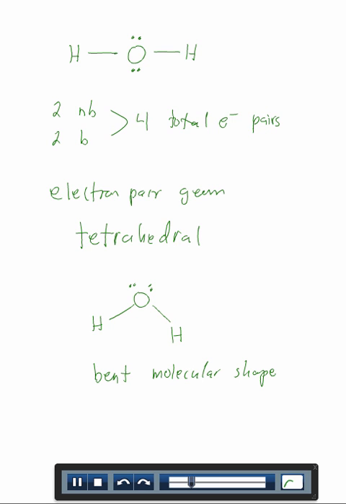So there are 2 geometries that we want to consider. Electron pair geometry, and that includes bonding and lone pair, or we call them non-bonding sometimes, electrons.